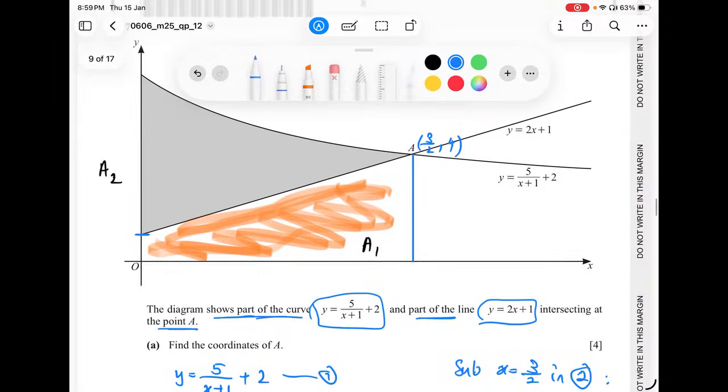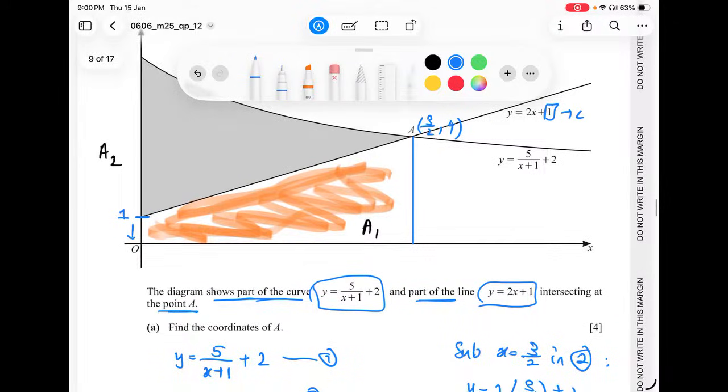Basically that is going to be 1, because from the equation of the straight line, this C is your y-intercept. So this length is going to be 1 unit, this length is going to be 4 units, and the height here should be 3 by 2.